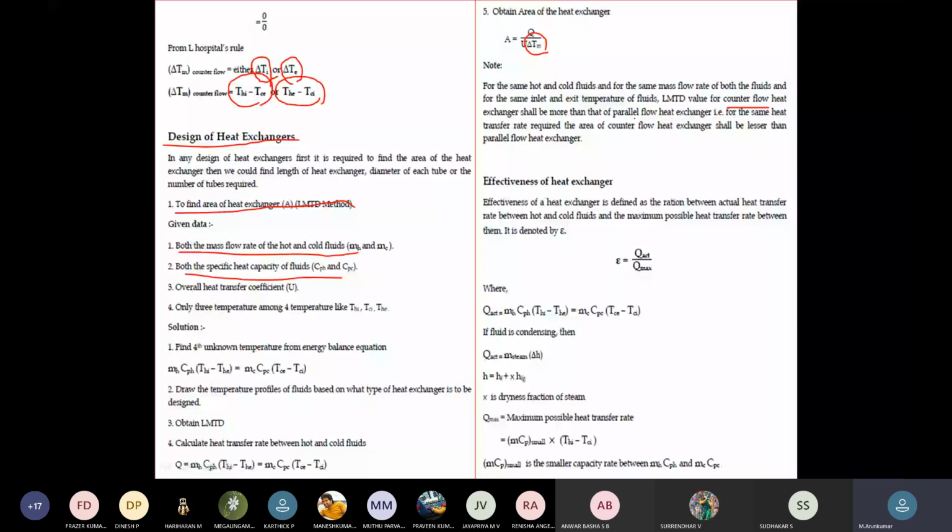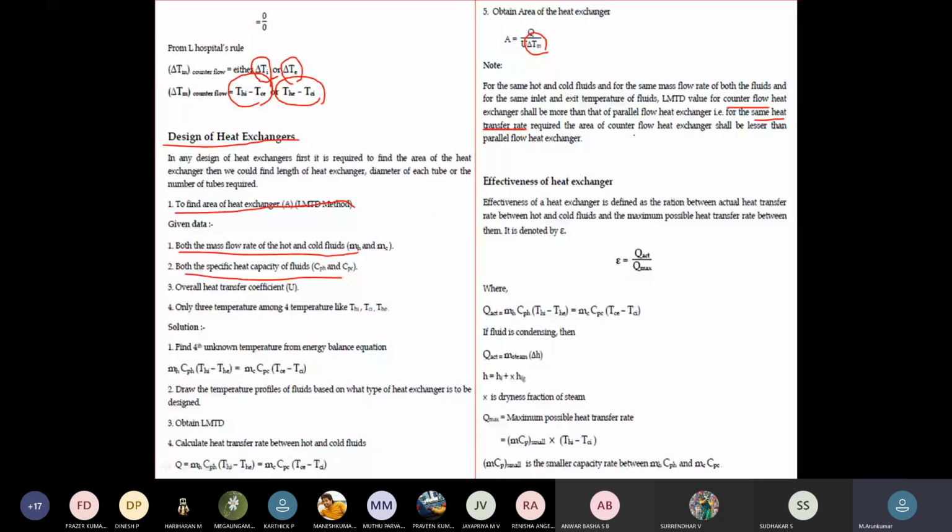Why? Because of the opposite direction. So for the same heat transfer rate required, the area of a counterflow heat exchanger shall be lesser than the parallel flow heat exchanger. Right.